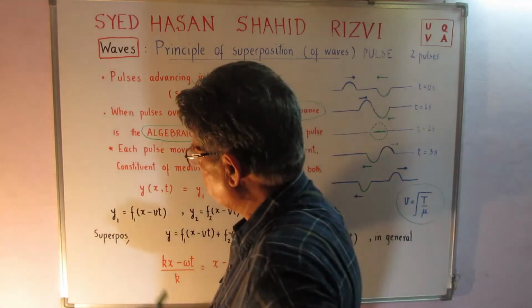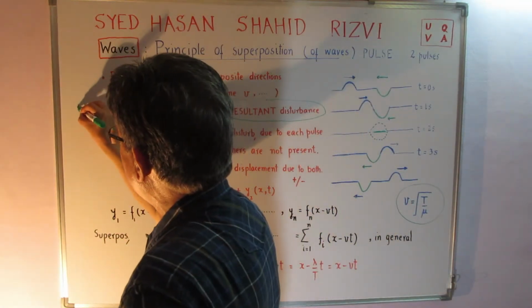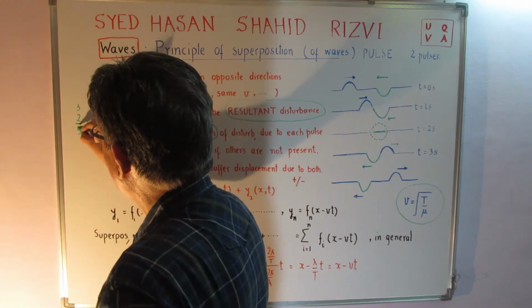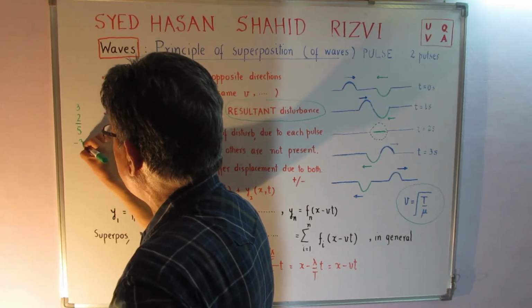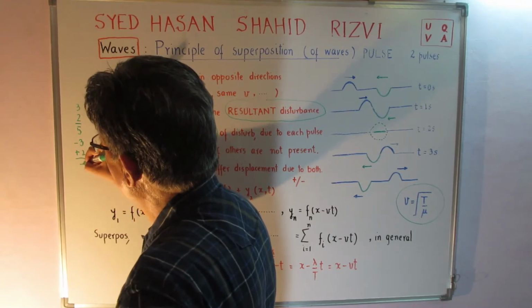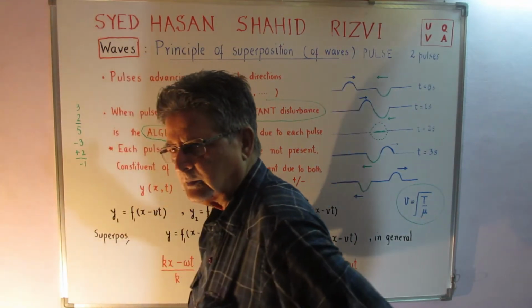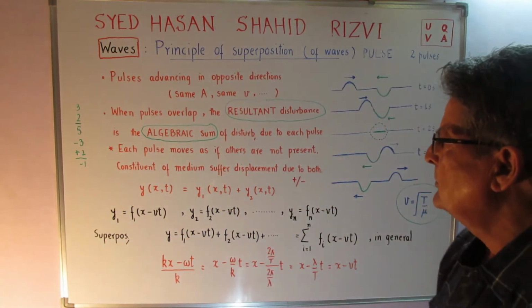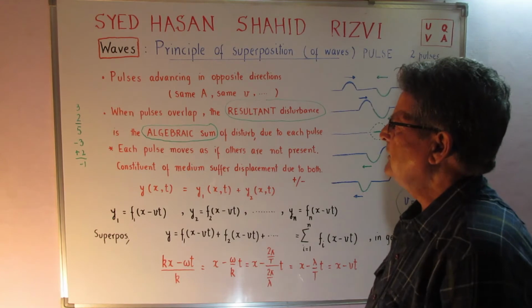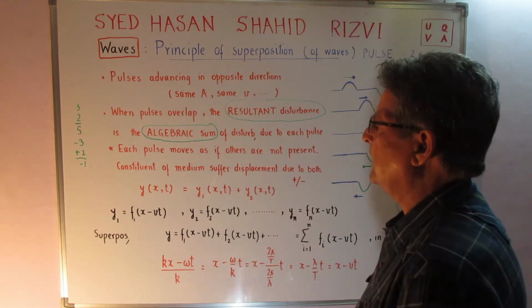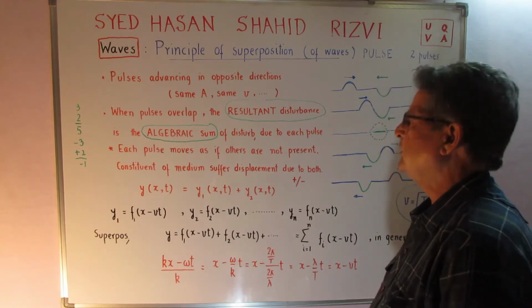Like if you just want to know 3 plus 2, 3 plus 2 is equal to 5, and minus 3 plus 2 is equal to minus 1. So with the signs, the algebraic sum is the key word in the explanation of the principle of superposition, in any situation.